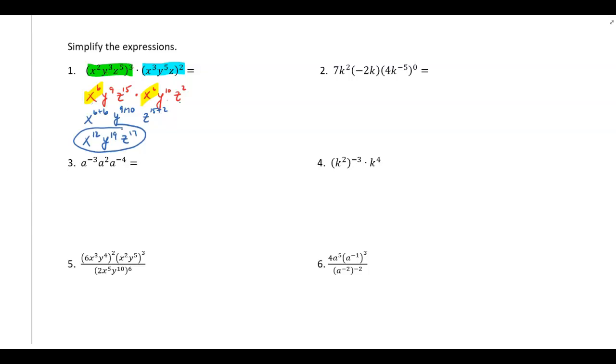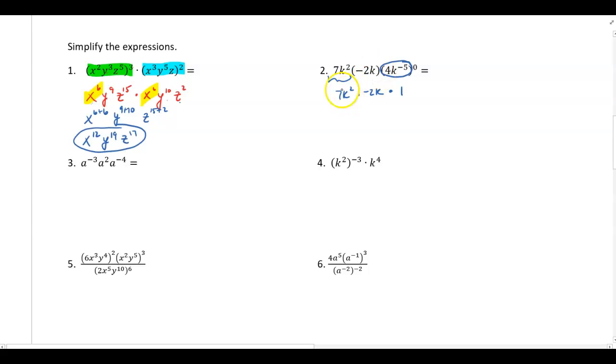Now the next one, if I look at this, I'm not raising this to any power, so this just could be 7k to the 2nd times, I'm not raising this to any power, so it's negative 2k. But when I raise everything in here to the 0 power, what's that become? Just 1.